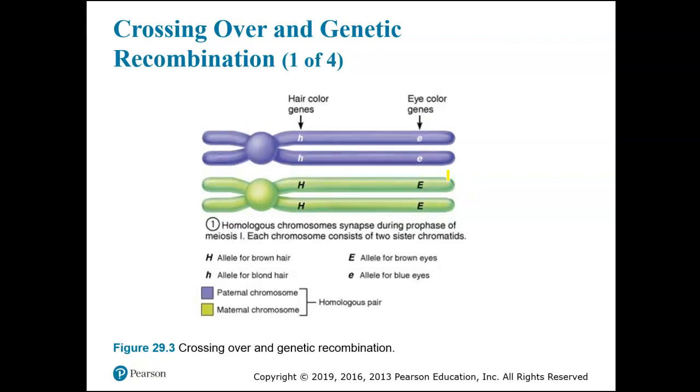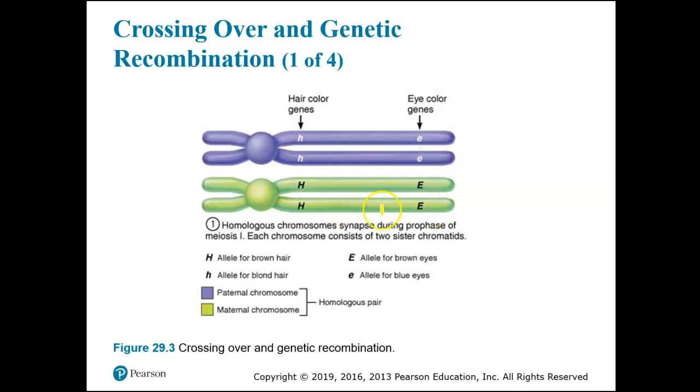If this were independent assortment in the gametes, remember, you're going to get one H and one E in the sperm or the egg. So we could have big H, big E, little h, little e, or we could have big H, little e, little h, big E. Those are the possible combinations you could get if it was independent assortment.